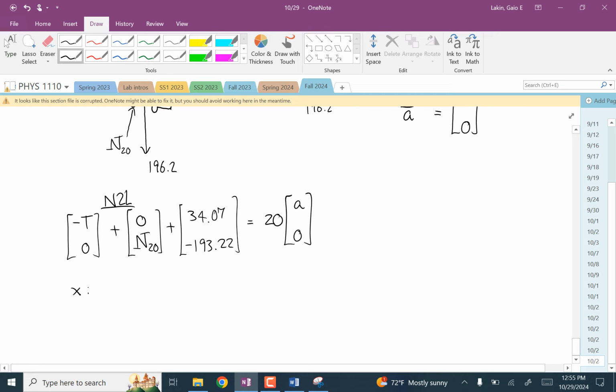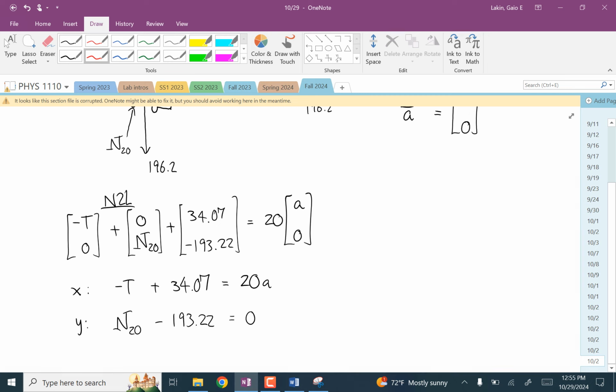We have an x equation that says negative T plus 34.07 is equal to 20a. And the y equation says N20 minus 193.22 is equal to 0. We only care about the T's and the a's here, so we're going to keep this one.